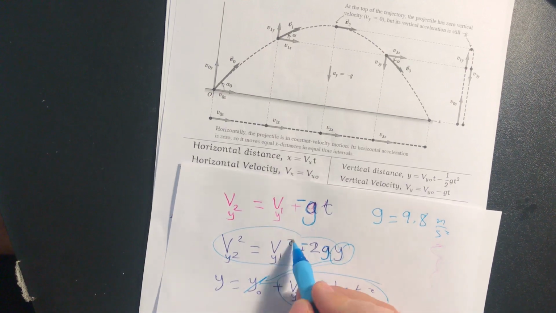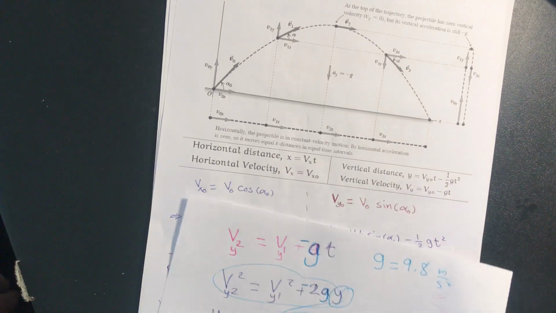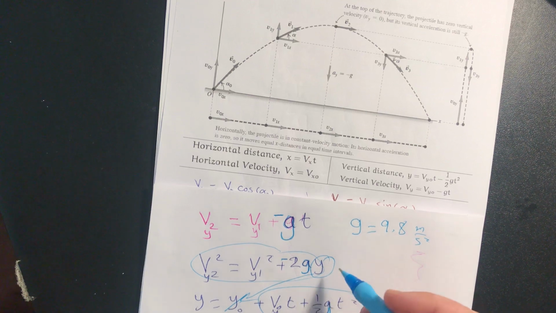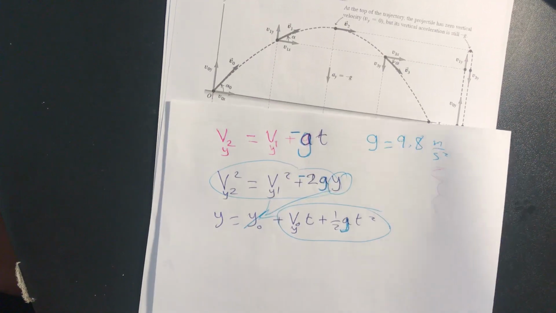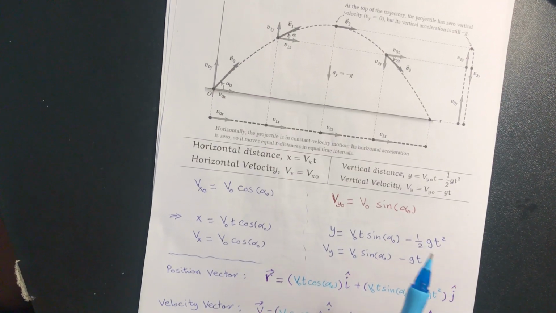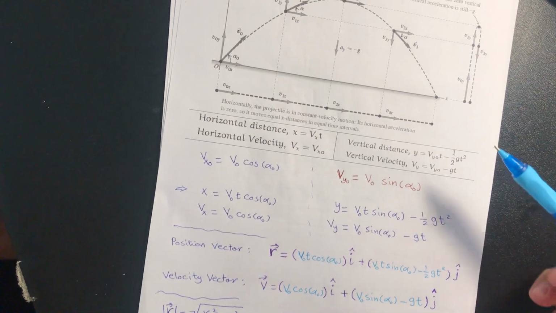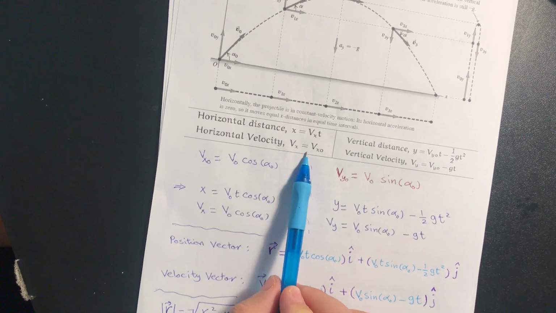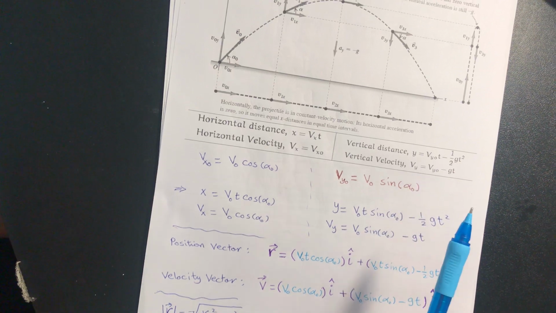So the first two equations will be the same also. We'll combine them with the third equation. Now we have two sets of equations in the x direction and in the y direction.